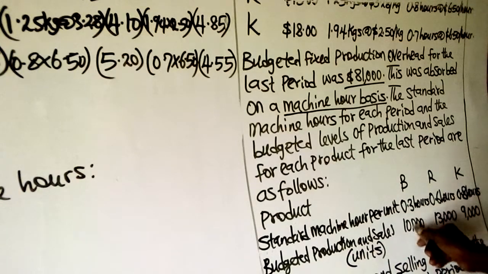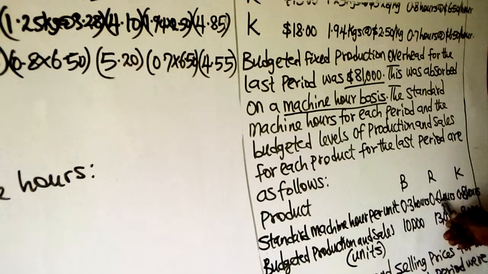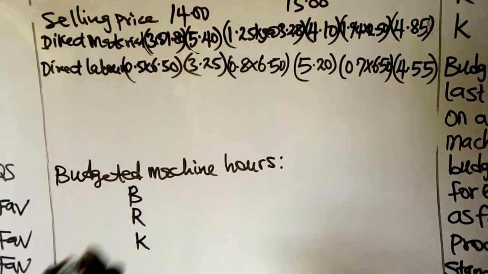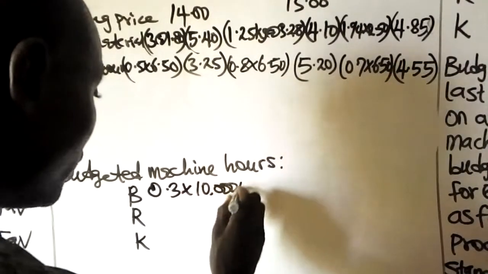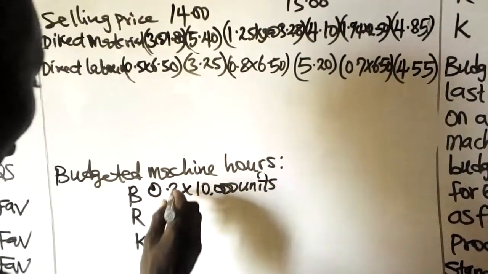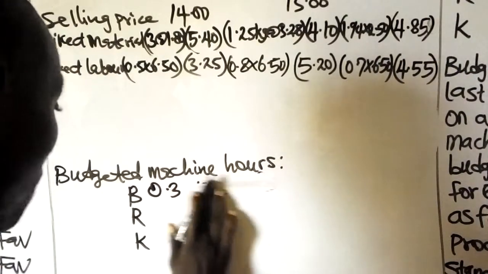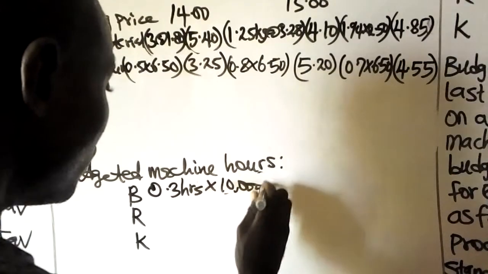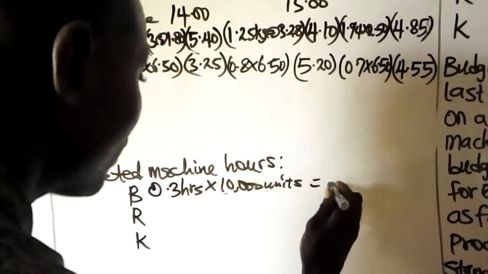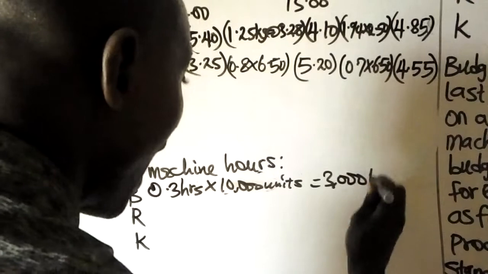So you will have 0.3 times 10,000. And for R you have 0.6 times 13,000. And for K, 0.8 times 9,000. So now let's do that. For B, 0.3 hours times 10,000 units, and that will give us 3,000 hours.